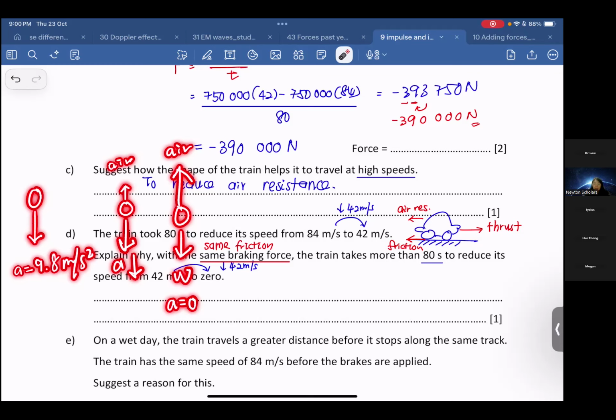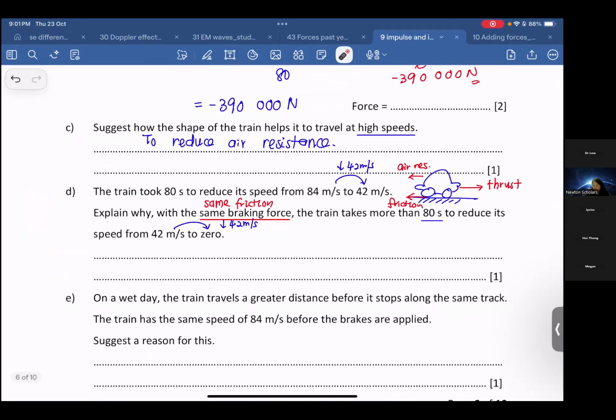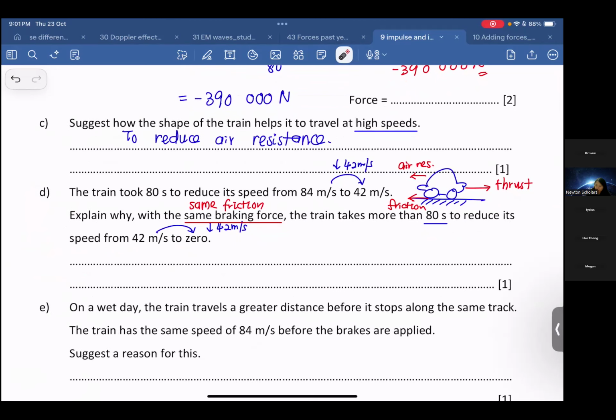So can you see that when you accelerate, that means you speed up, faster speed. What happens to your air resistance? It increases. Air resistance increases when your speed increases. So how do we relate it to our question?